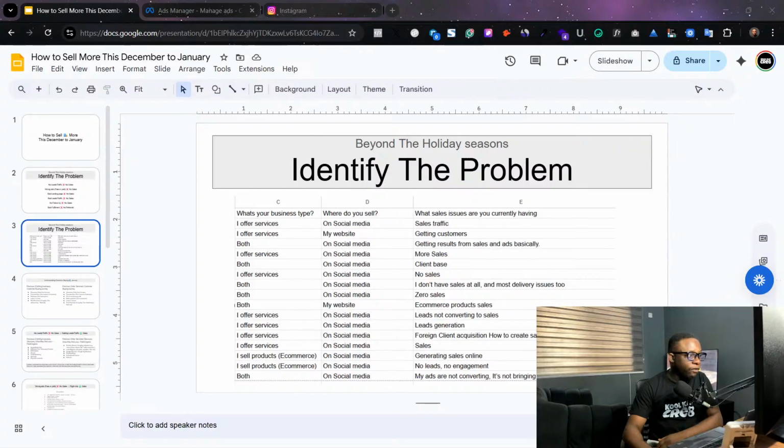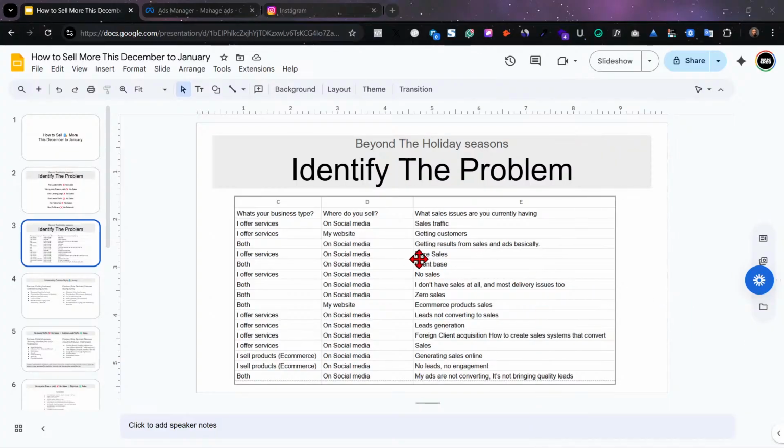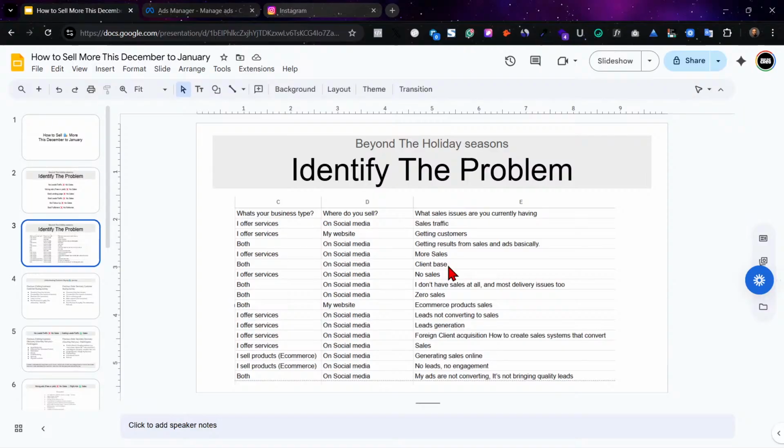Let me turn my face off so you can see the other part of it. You can see that one of the most recurring problems here is sales, right? Most persons are not having sales, or they are not getting lead generation, or one of these two things. But as we all know, the core of this is getting sales.